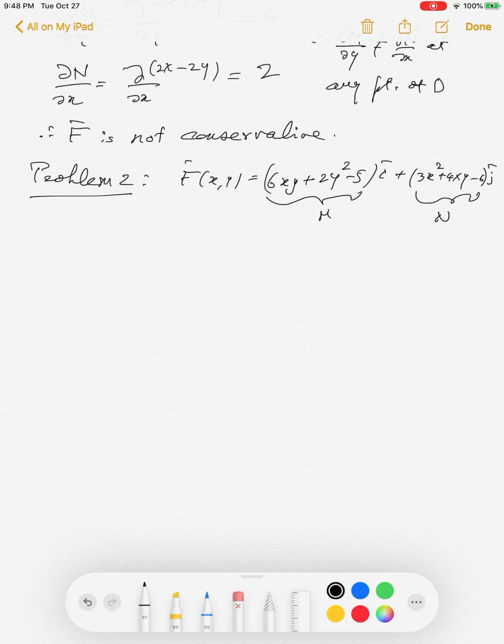So this is your M, this is your N, and again as before, these are polynomials.